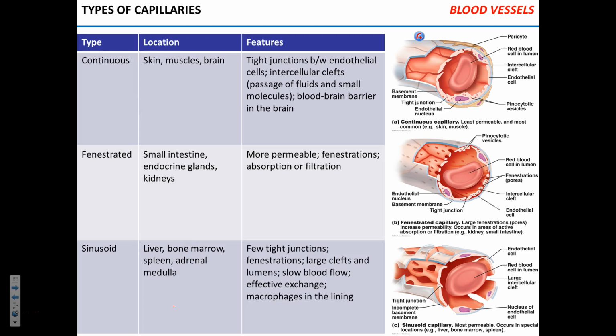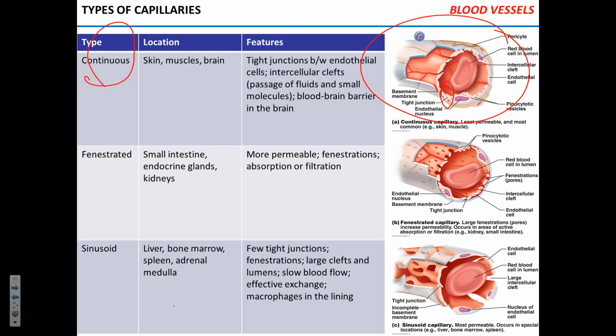Now, there are three major types of capillaries. Continuous, least permeable. If you would look at the anatomical picture, okay, you see cells are connected by the tight junctions, okay? Basement membrane is thick and solid.